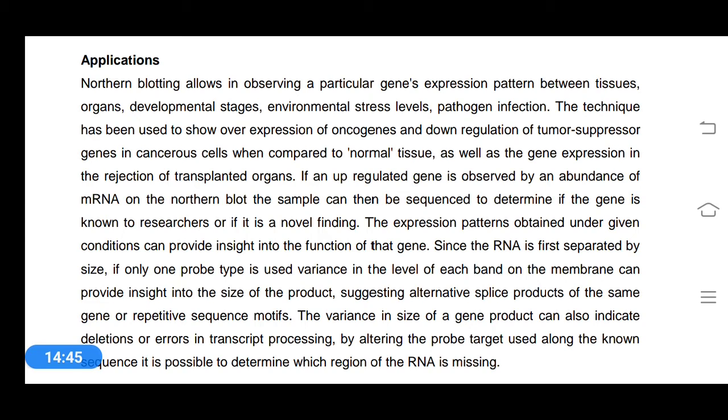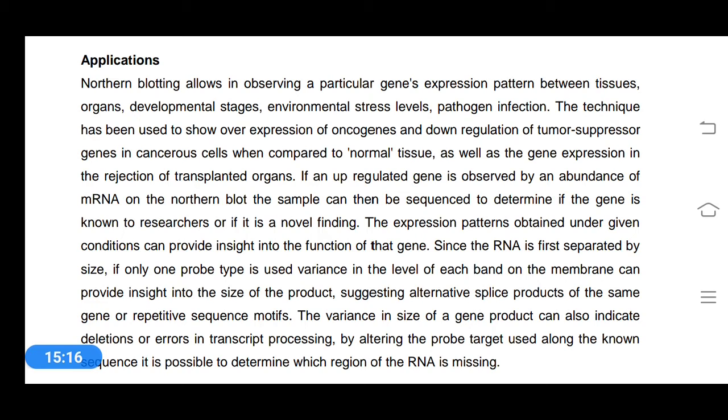Gene expression patterns between developmental stages, that means during development there will be different stages. Between each and every developmental stage the gene expression pattern can be studied, and also environmental stress levels and pathogen infections can be identified.